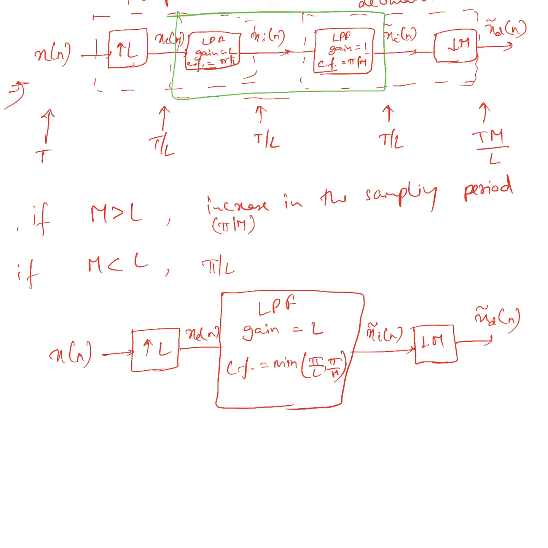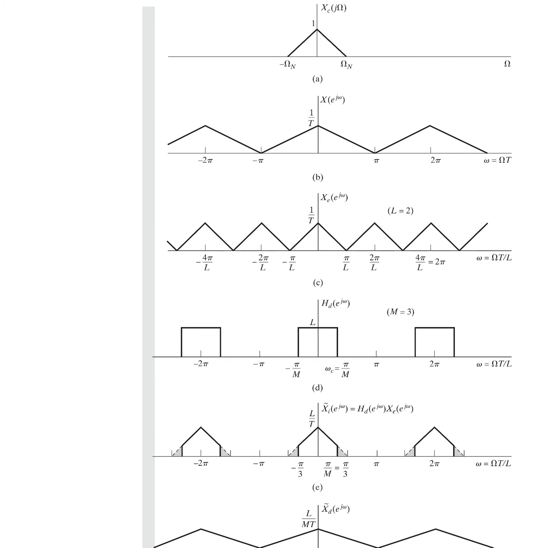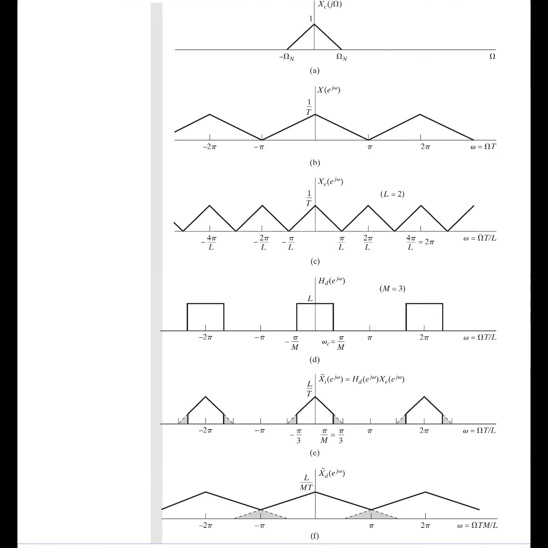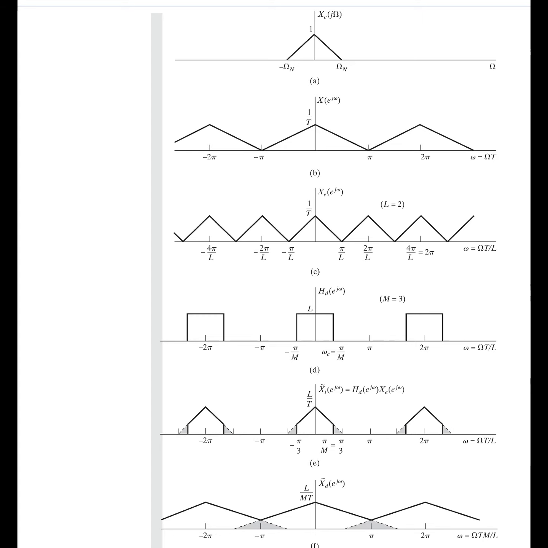So suppose we have a band limited signal with X c of j omega given by this, which is sampled at the Nyquist rate, 2 pi by T equal to twice omega N. And we know that the DTFT of this continuous time signal is given by X of e to the power j omega equal to 1 by T summation over k of X c of j omega by T minus 2 pi k by T, right?